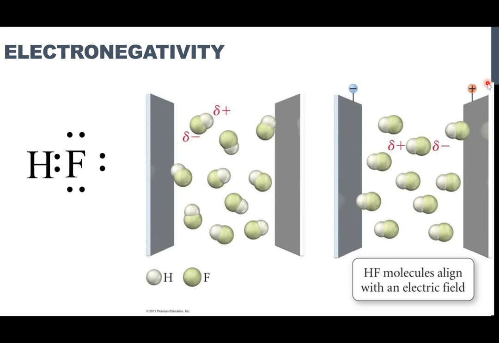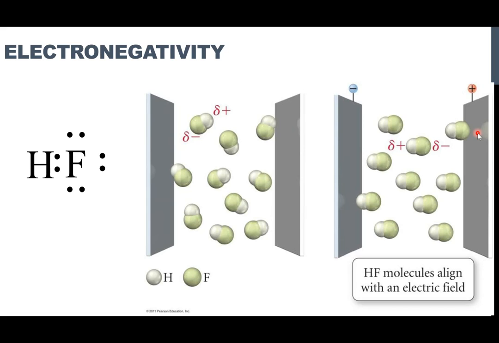And what we see is kind of a very interesting phenomenon, not something that we would predict. What we see is these molecules line up in a very distinct fashion. All of the hydrogens face this negative electrode. All of these fluorines face this positive electrode. So they align themselves within this electrical field.